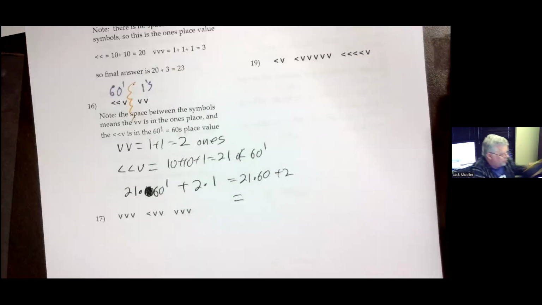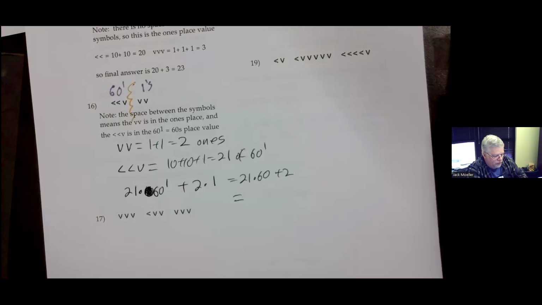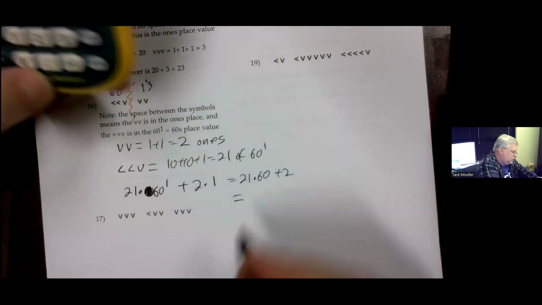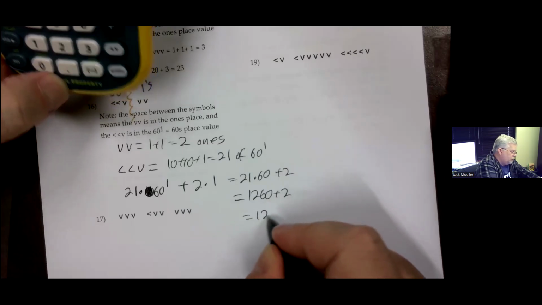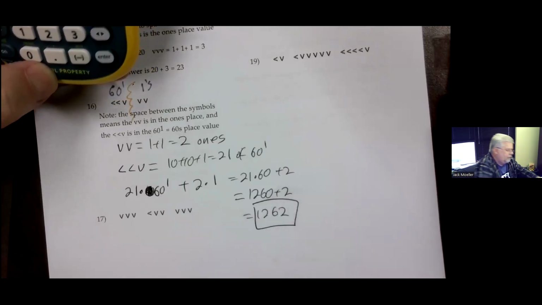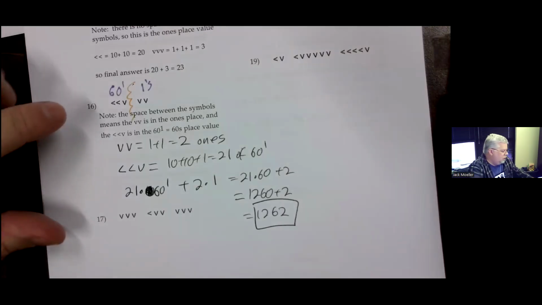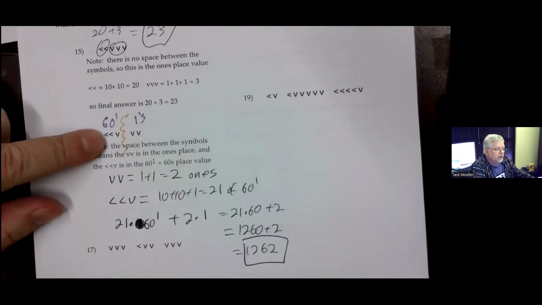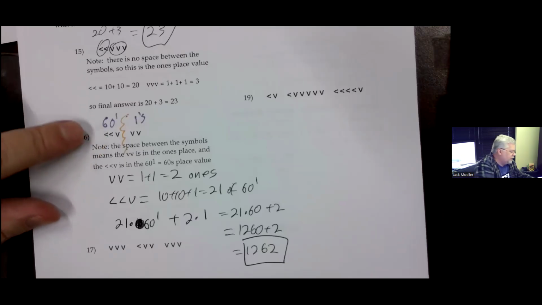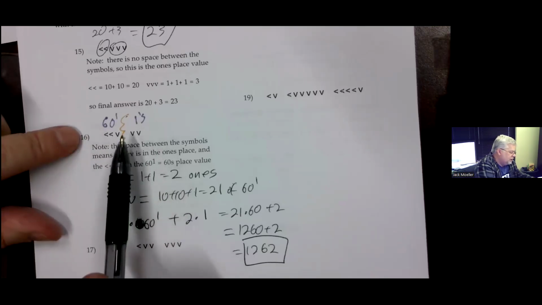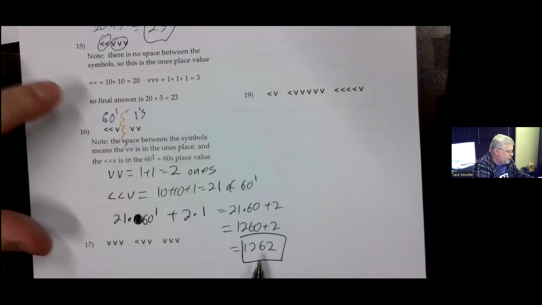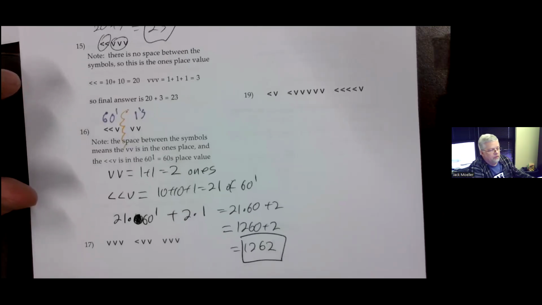Now, I don't know about you, but I'm going to grab a calculator. 21 times 60 is 1260, plus 2, which is 1262. Again, I don't know the names that they use for this, I should probably look that up. But that's less than, V, space, V, V in Babylonian, which translates to 1,262.